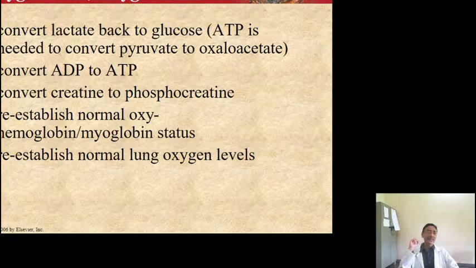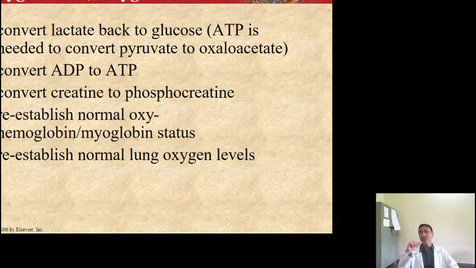The second is that during this exercise bout the body has used ATP and broken it down into ADP, AMP, releasing the phosphate bonds. However many moles of ATP have been used, that ATP has to be resynthesized. So to resynthesize that ATP back to normal levels, oxygen will be needed.